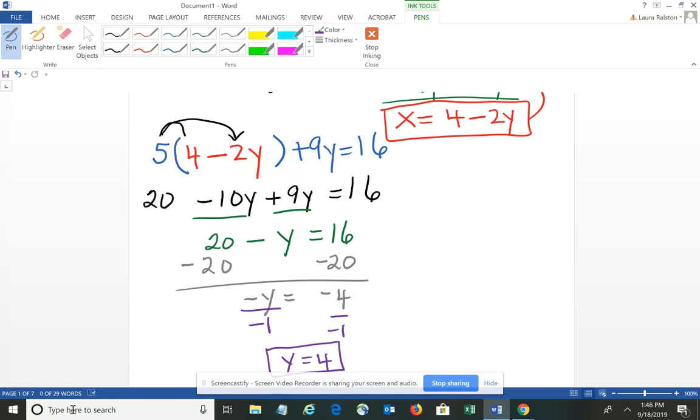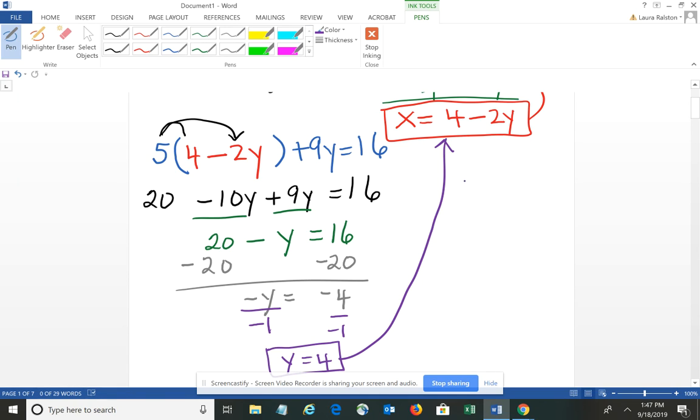Once I find that y equals positive 4, I have to back substitute, or backtrack. I'm going to take y equals 4, go back to the equation that I had solved for x, or I can go back to the original. It's probably better to go back to the original in case I made a mistake.